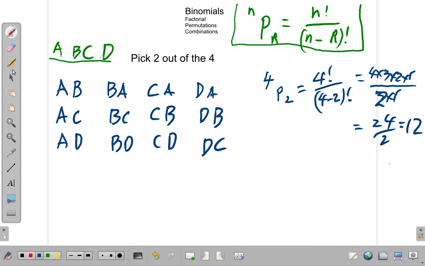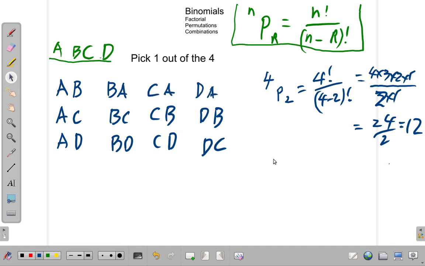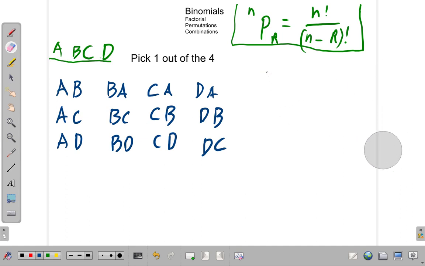Alright, what would happen if we choose 1 letter out of the 4? How many arrangements would we have? Let's use the formula to see if we could come up with an answer.